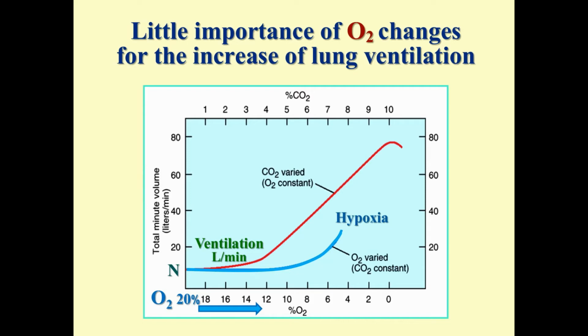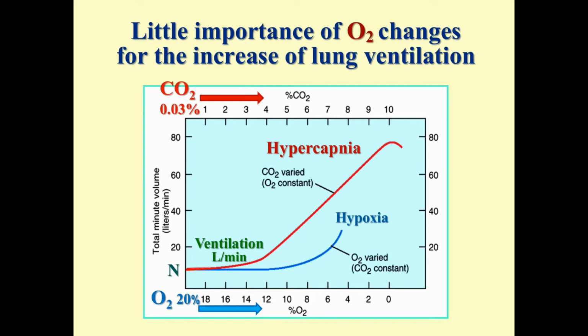Let's observe the opposite situation, when oxygen is not changed, but CO2 is changed. On the upper horizontal axis, initial CO2 is almost zero, and then along this axis the CO2 level increases progressively. So this is hypercapnia.